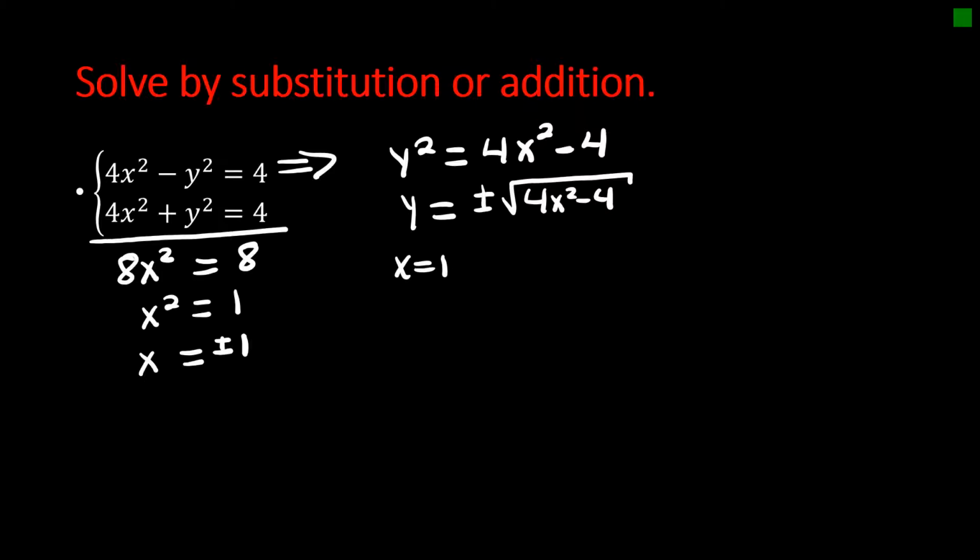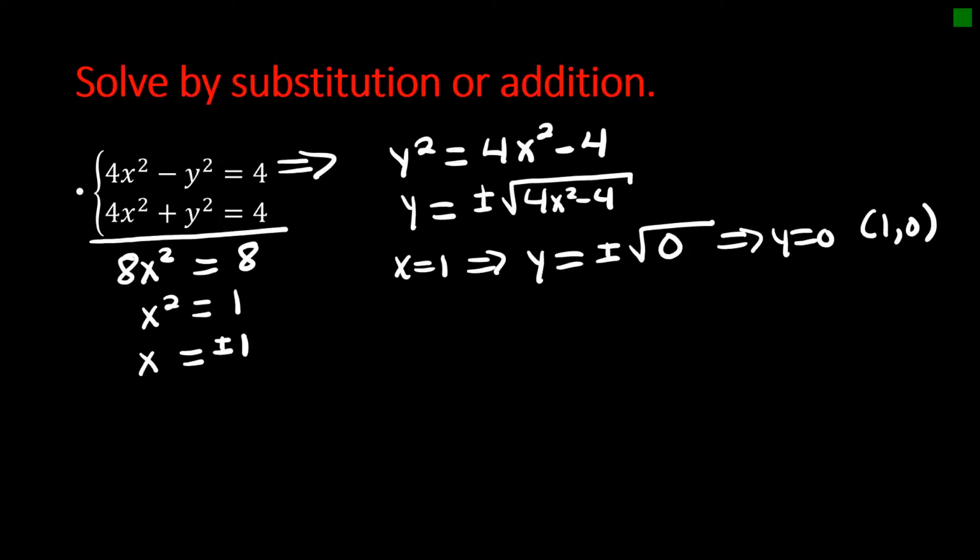So if x is 1, then y is going to be plus or minus the square root of 1 squared is 1 times 4 is 4. 4 minus 4 is 0. So y is going to be 0. So we have a point 1, comma 0.